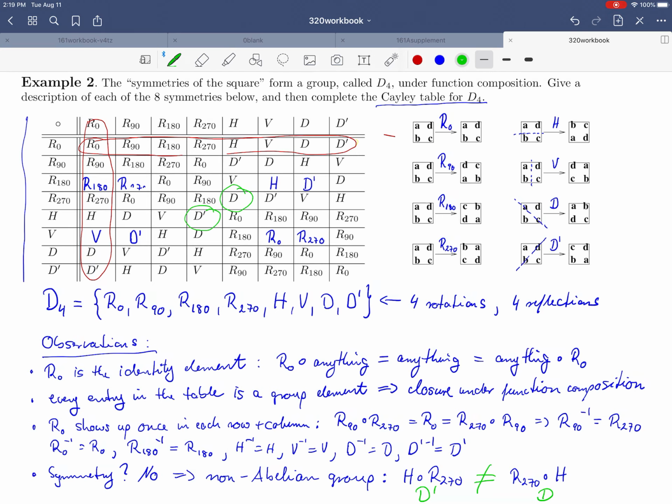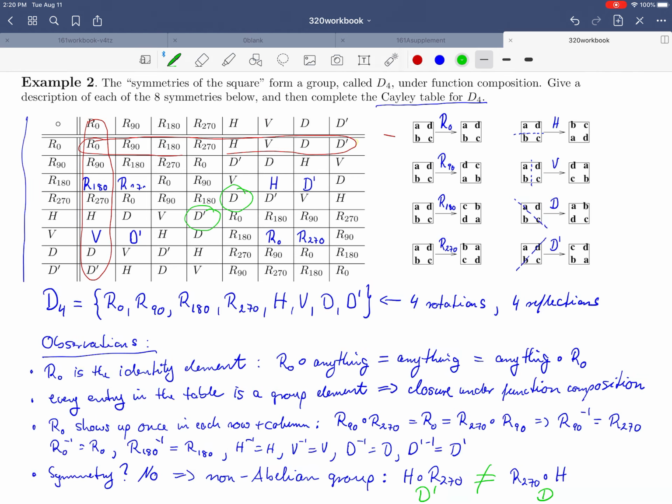So those are some of the things that we can find out just by studying the structure of our Cayley table. And so my recommendation is, when you encounter a new group, a finite group anyway, so a group with finitely many elements, and you don't have too many of those, start by making a Cayley table. You learn a lot about how the operation works.